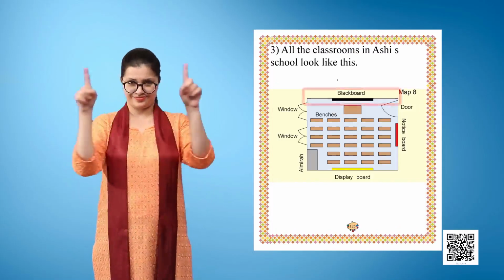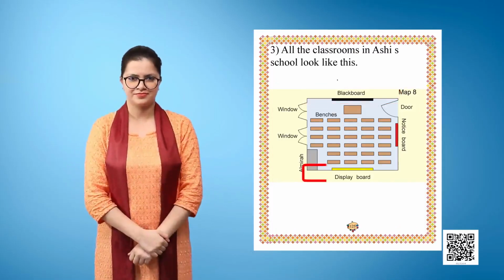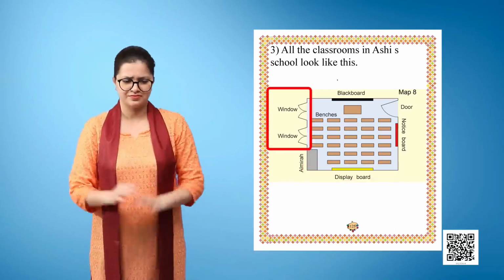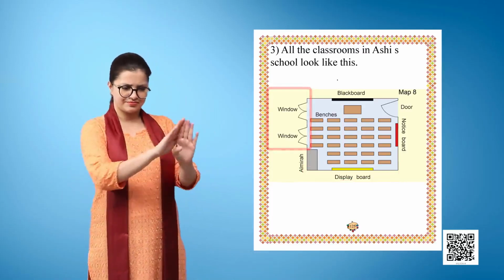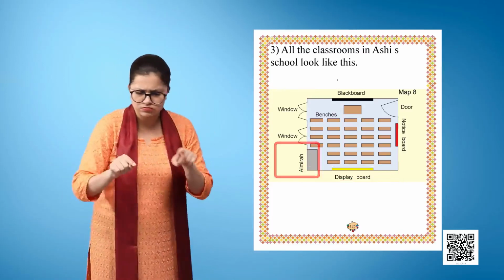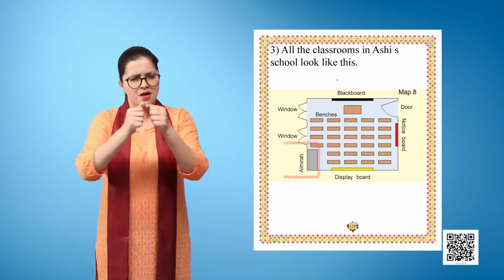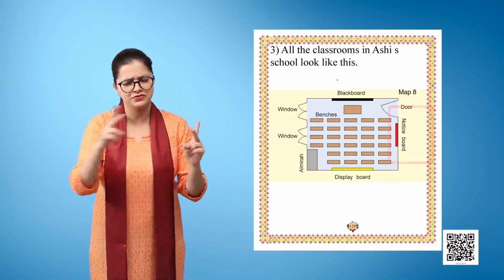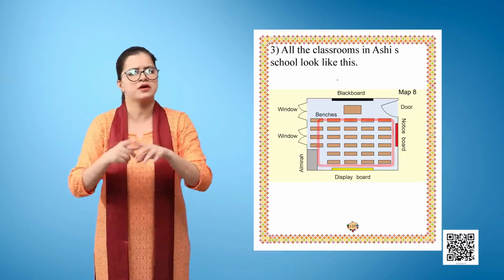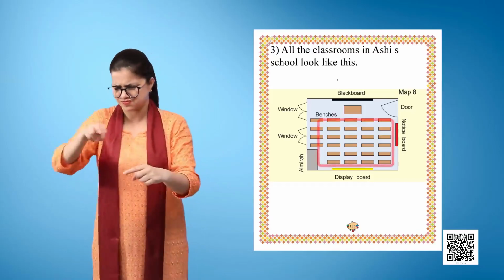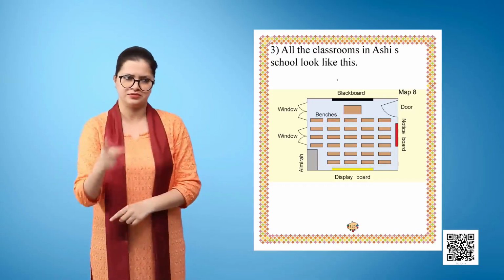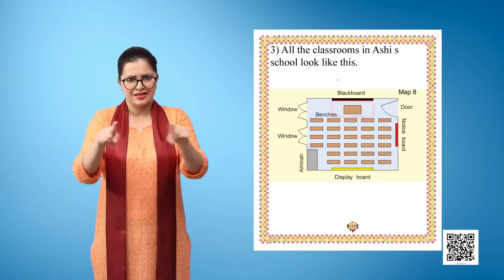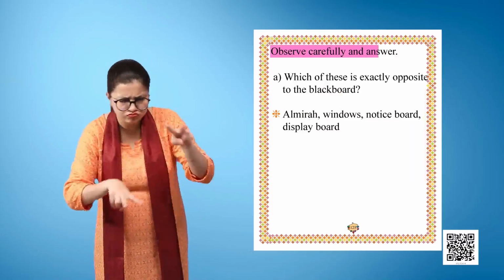We can see blackboard, display board opposite it, the windows and the doors clearly marked, the almirah in one corner, notice board on the opposite wall, and of course all the benches neatly placed, along with teacher's bench. Observe carefully and answer.